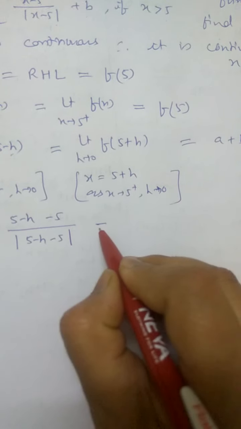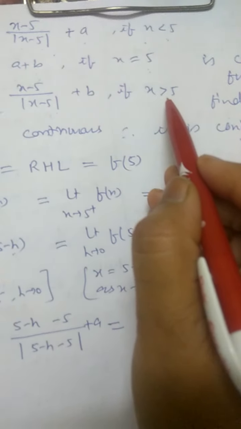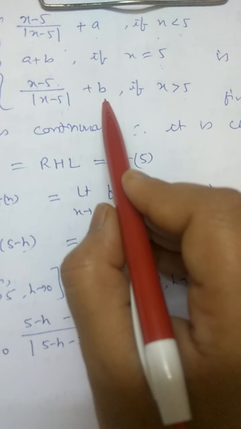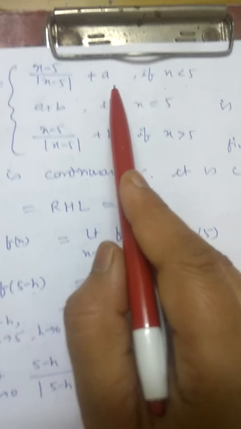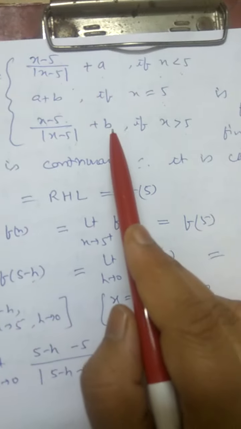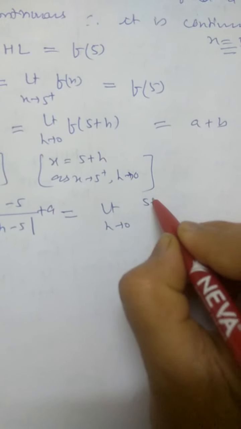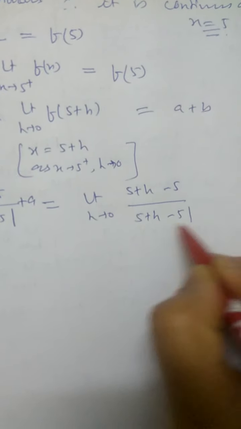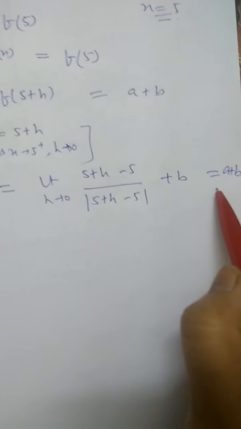And for right hand limit, we have the function (x minus 5)/|x minus 5| plus b. In left hand limit, we have (x minus 5)/|x minus 5| plus a. In right hand limit, this term is same, but constant term is different, that is b. And therefore, it becomes limit h tends to 0, (5 plus h minus 5)/|5 plus h minus 5| plus b is equal to a plus b. That is the value of f(5).